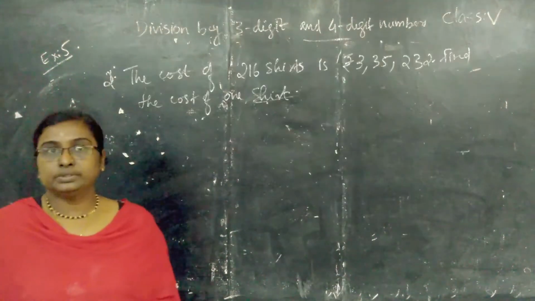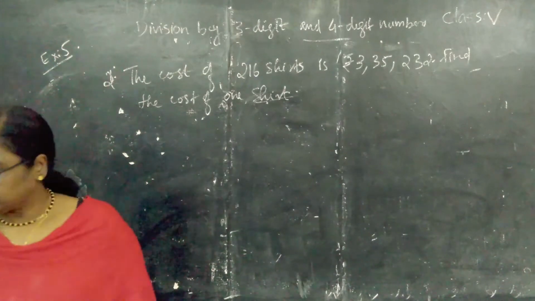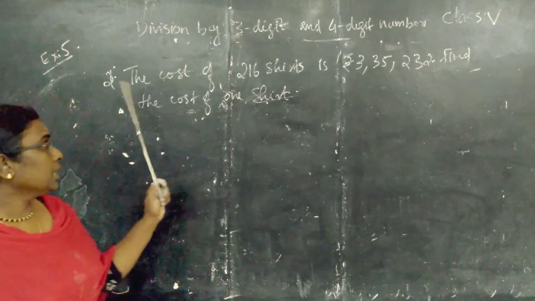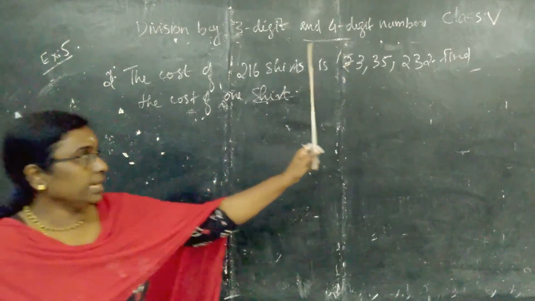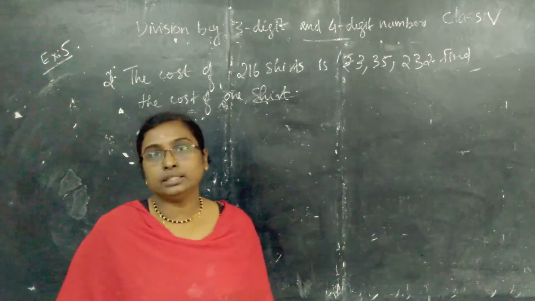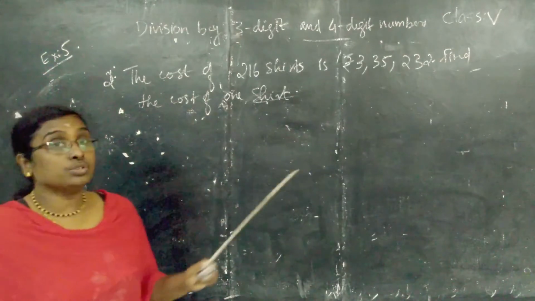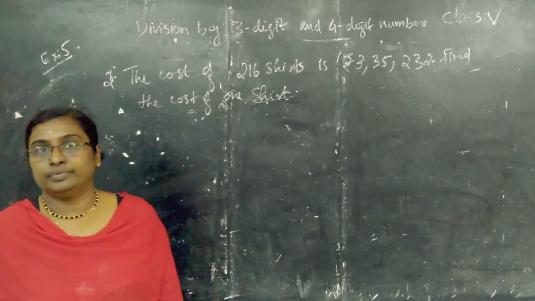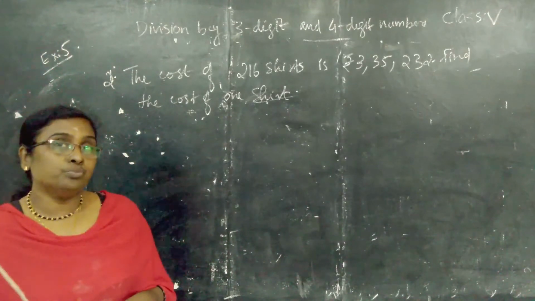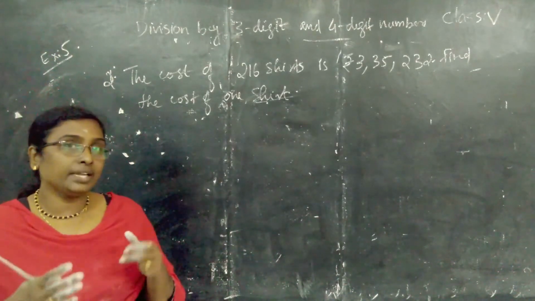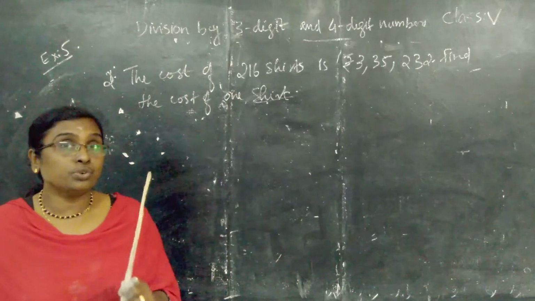Okay. The second question is, the cost of 216 shirts is rupees 3,35,232. Find the cost of one shirt.